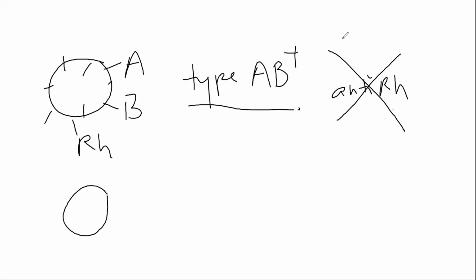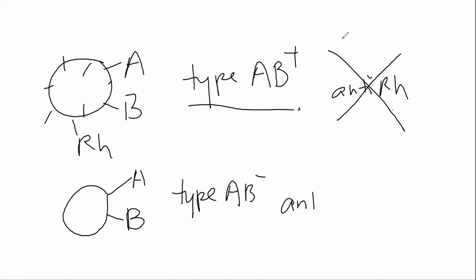If this person has type AB negative blood, can this person develop anti-Rh antibody? Yes. Only when this person's blood is exposed to Rh antigen, then it is going to trigger the production of anti-Rh antibodies.